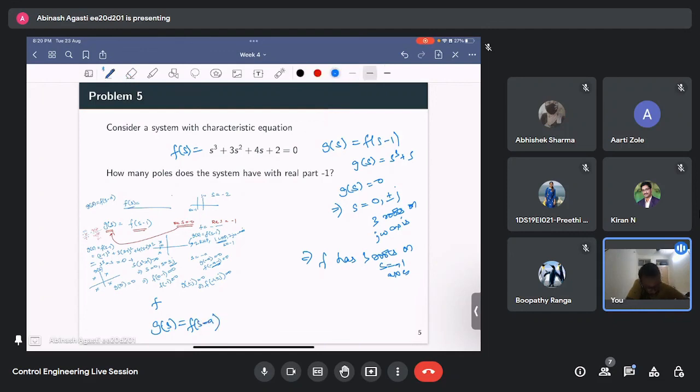If g of s has x poles in the LHP, y in the RHP and z on the j omega axis, then f of s will have x poles on the left side of the s equal to minus a line, y poles on the right of the s equal to minus a line, and z poles on the s equal to minus a line. That is the main takeaway of this question.